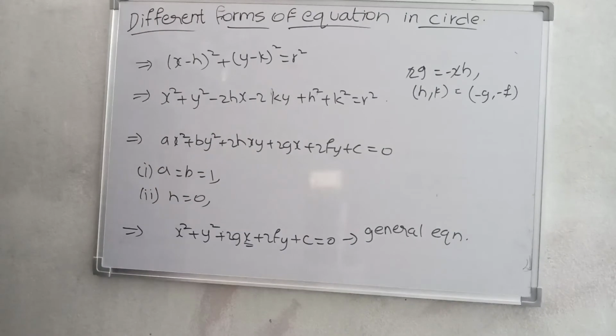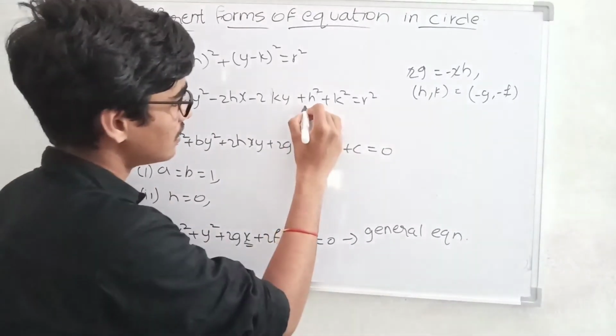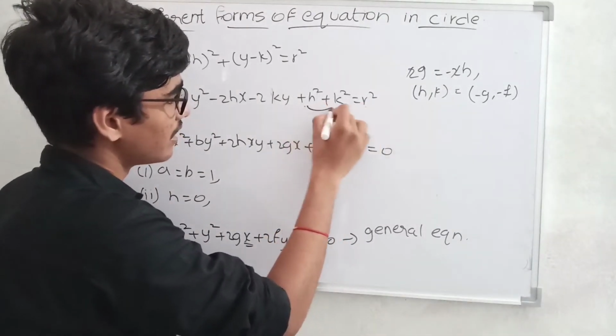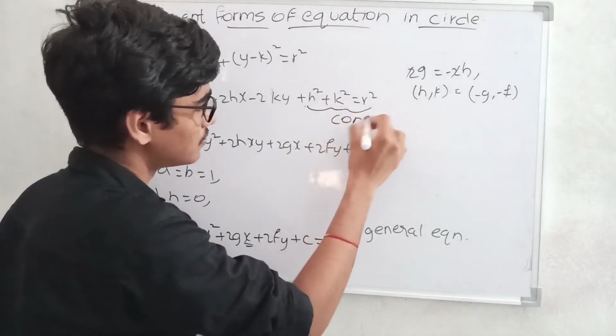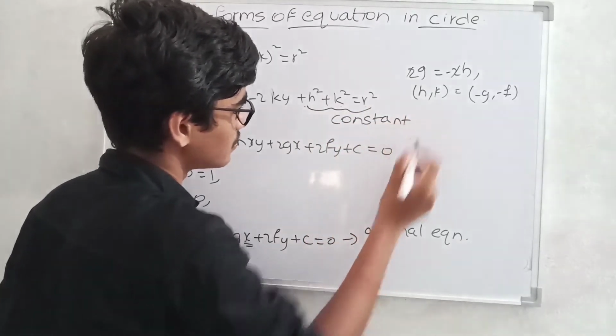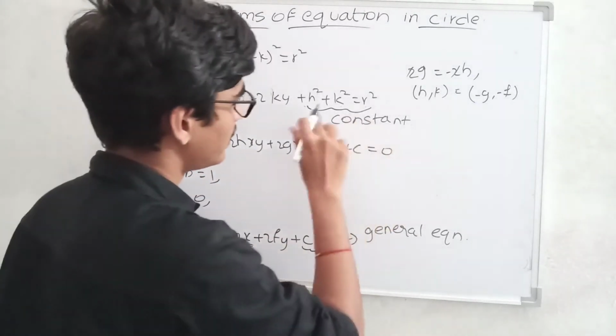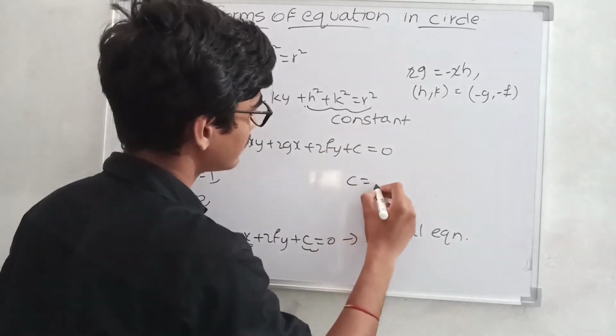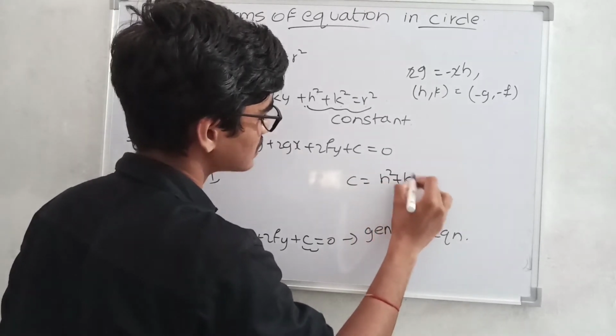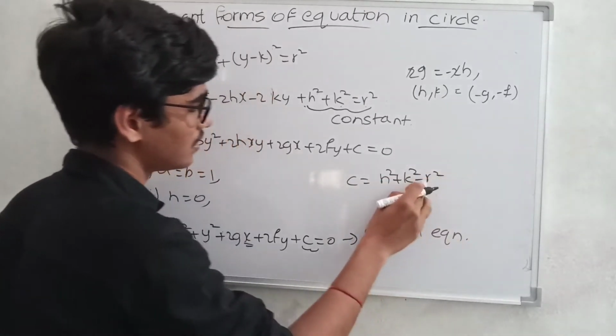Then the radius also varies. Consider h square plus k square, the constant term. Here we will look at the constant term only. So equating both, we get c equal to h square plus k square minus r square.